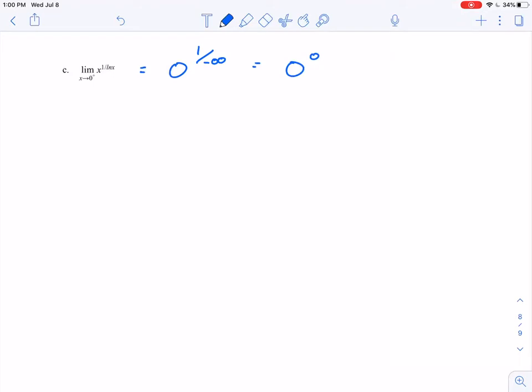So all right, I need to rewrite this. This is going to be the limit as x approaches 0 from the right-hand side of e to the natural log of x, all raised to the 1 over natural log of x power. So this one's kind of interesting here.